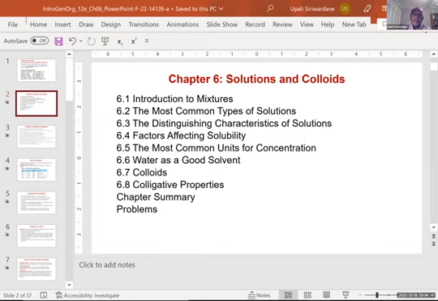So we're going to talk about the most common types of homogeneous mixtures, which are solutions. Solution is another name for homogeneous mixture. There are some characteristics of homogeneous mixtures or solutions. We're going to discuss them.